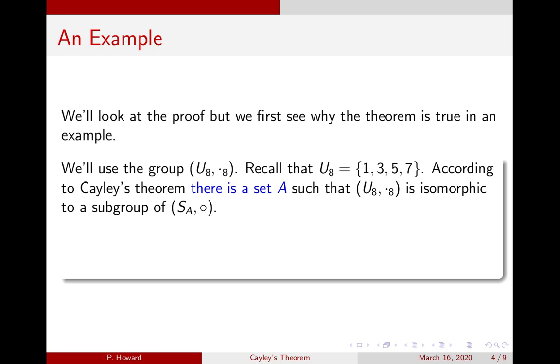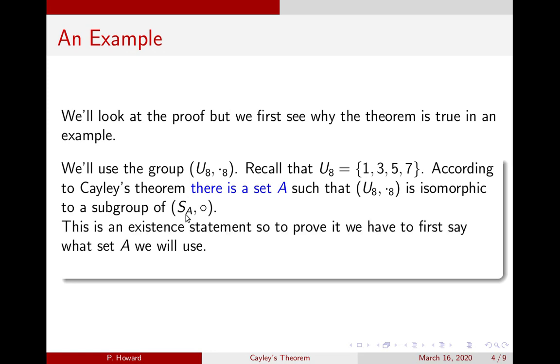According to Cayley's theorem, there is a set A such that U sub 8 times sub 8 is isomorphic to a subgroup of the group of all permutations on A. This is an existence statement. To prove it, we first have to produce a set A. We have to say what the set A is that we will use.